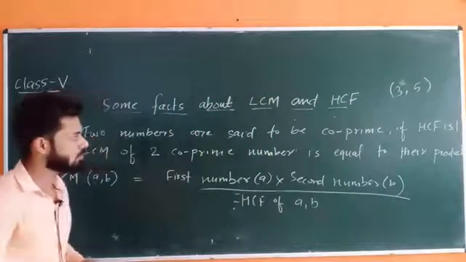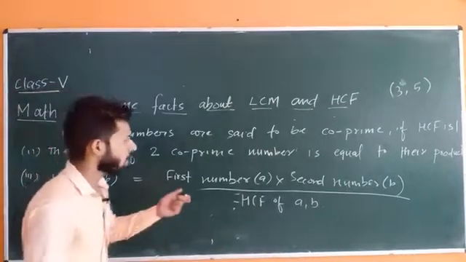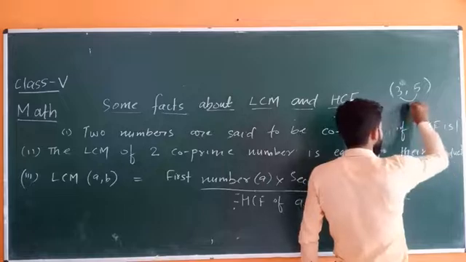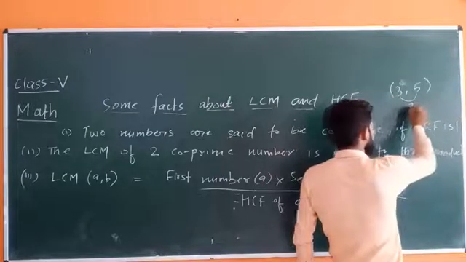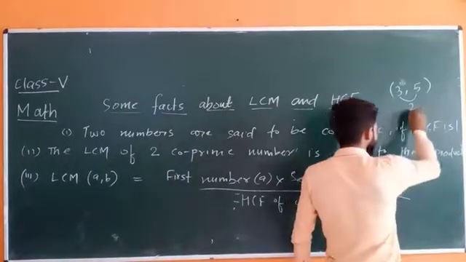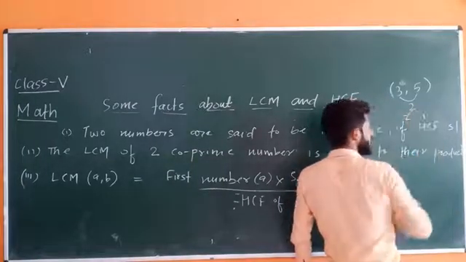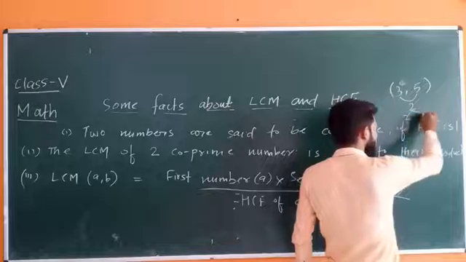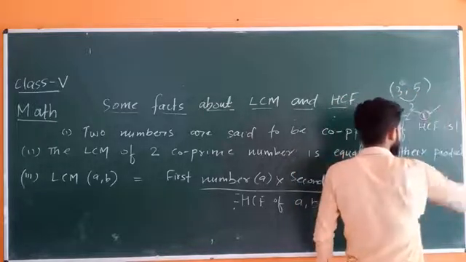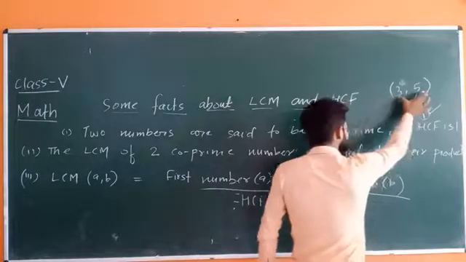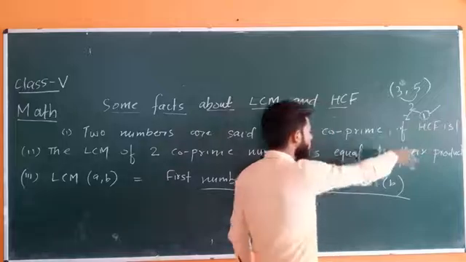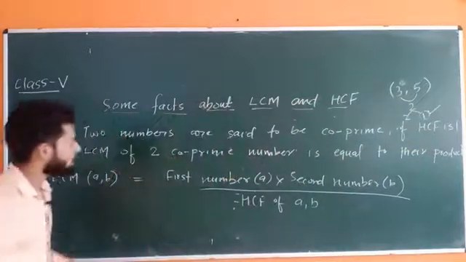You take the difference between them, that is 2, but 2 can't completely divide both the numbers. So you take its factors, that is 2 and 1. 1 can completely divide 3 and 5, so 1 will become the HCF of both the numbers. So if the HCF of 3 and 5 is 1, then both the numbers are said to be co-prime numbers.